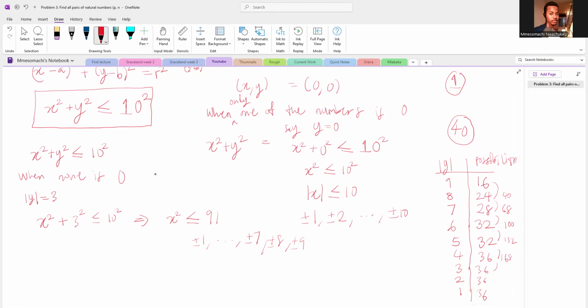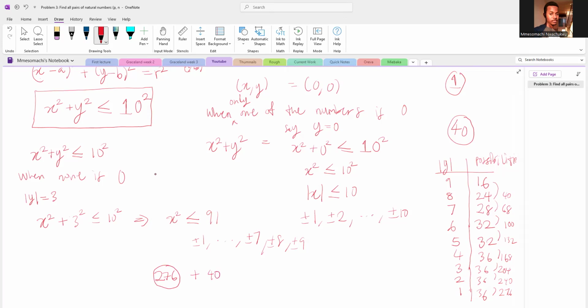Plus 36 again, 204. Plus 36 again, 240. Plus 36 again, 276. Okay, so we have 276 possibilities for when none of them is 0.